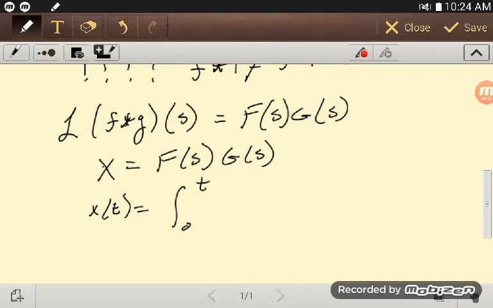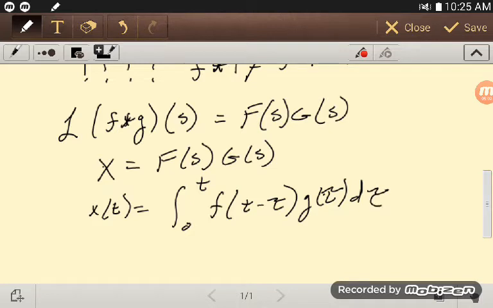And again, it's our choice here because the products are commutative, but we could write this as f of t minus tau, g of tau, d tau.